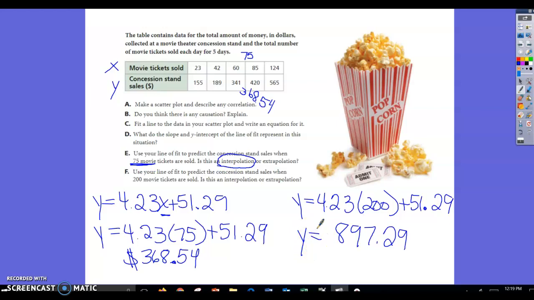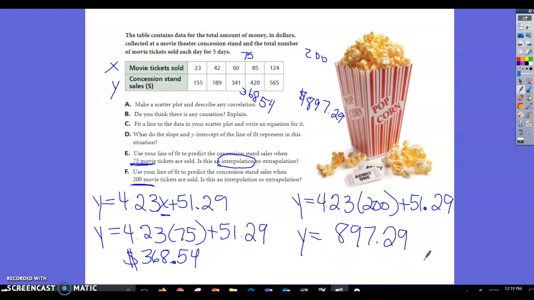All right, so this says when they sell 200 tickets, 200 tickets is going to be out here somewhere, $897.29. So when 200 movie tickets are sold, plug in 200 for X, then the concession stand sales will be $897.29.